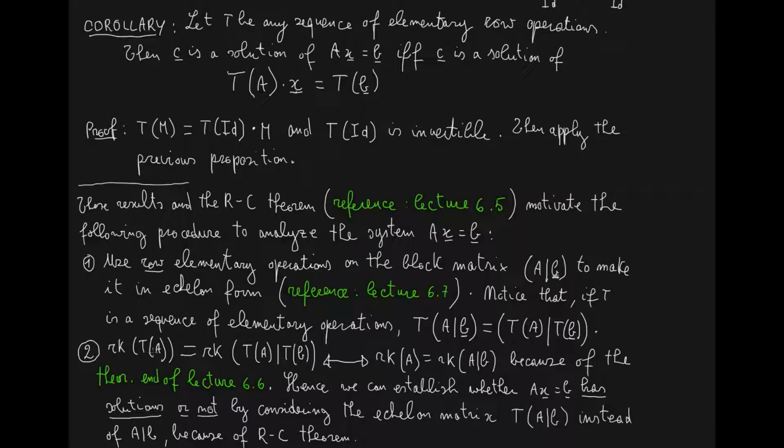We notice first that the rank of the matrix T of A equals the rank of the block matrix T of A slash T of B if and only if the rank of the matrix A equals the rank of the matrix A slash B. This is simply because the rank of the matrix A is the same as the rank of the matrix T of A, and the rank of the block matrix A slash B is the same as the rank of the matrix T of A slash B, but T of A slash B is precisely this block matrix here.